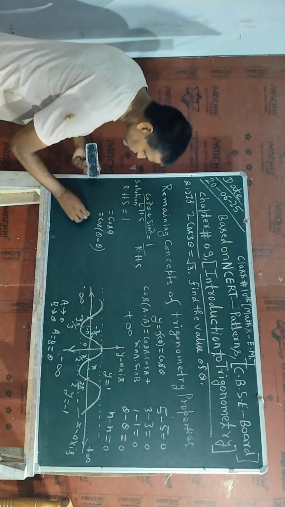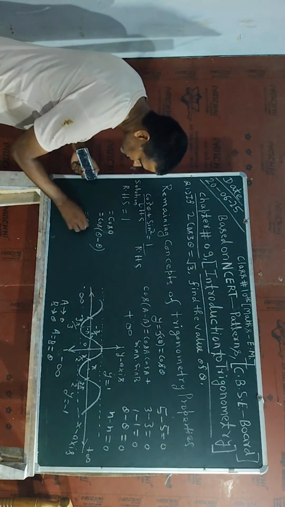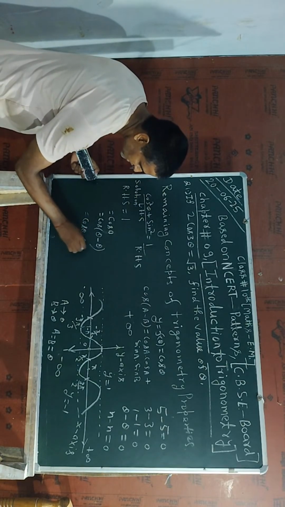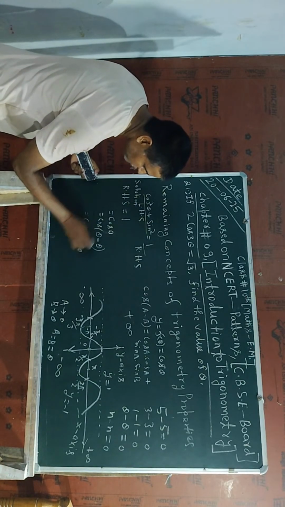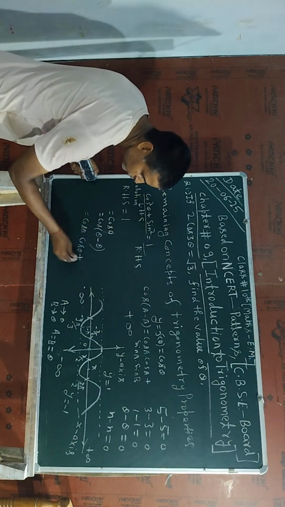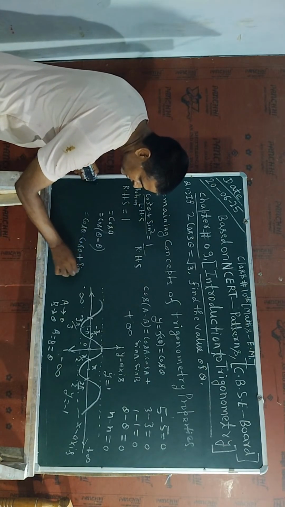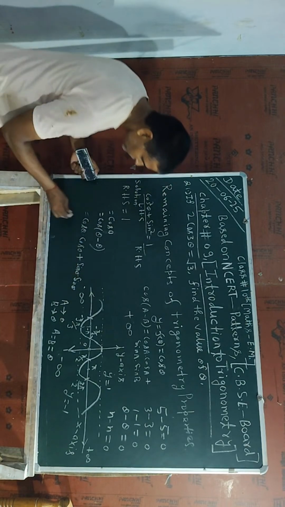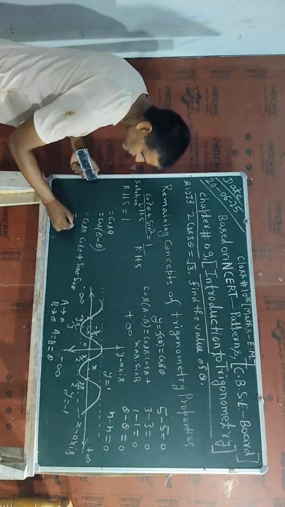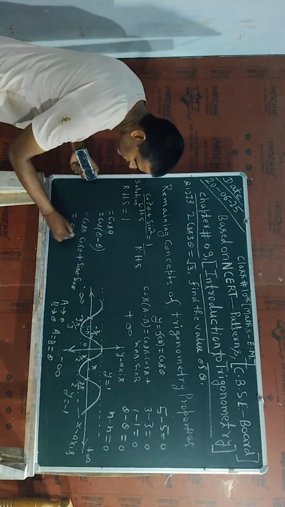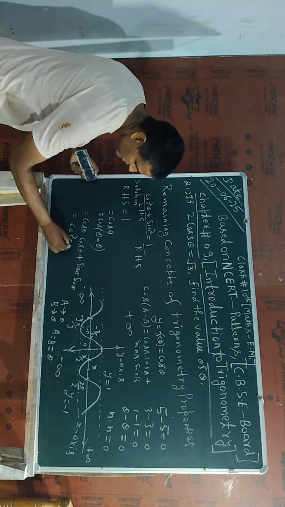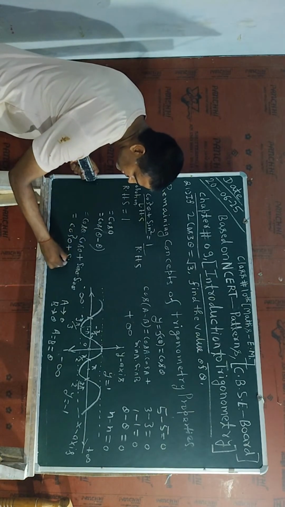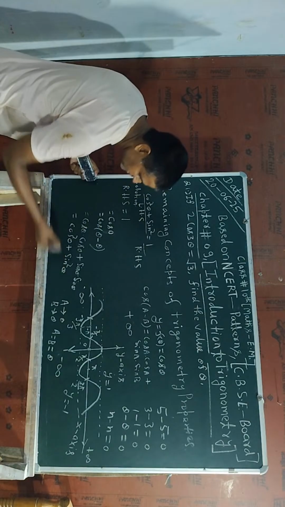So here you will write cos theta into cos theta. Here a minus sign is given, so you have to put here sin theta into sin theta. Okay, so cos theta into cos theta, you can write cos square theta, and plus sin into sin, you can write sin square theta.